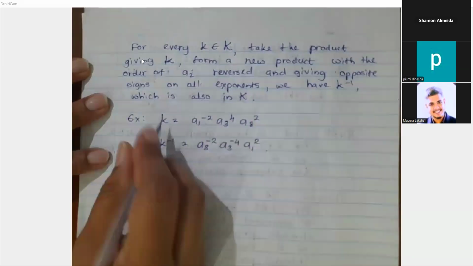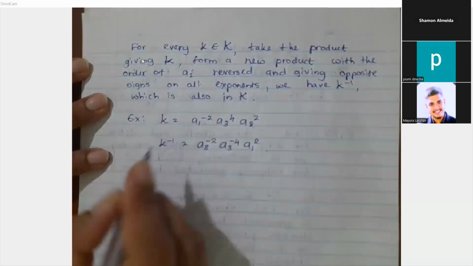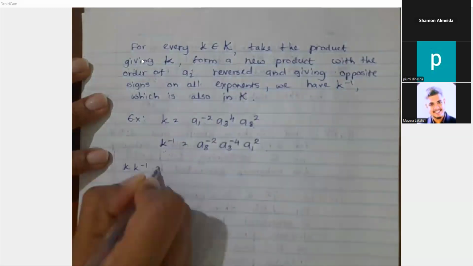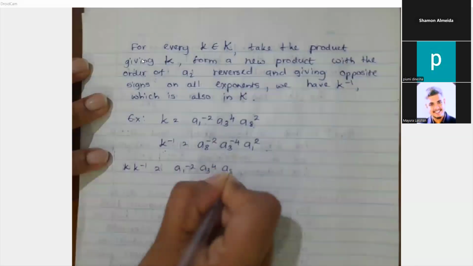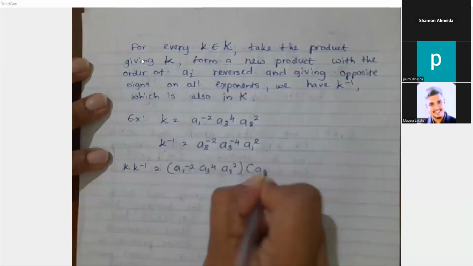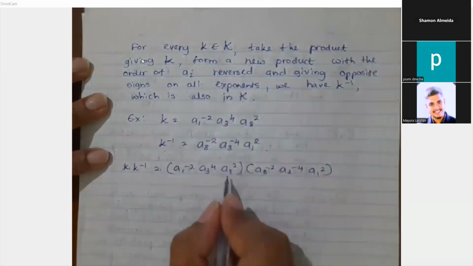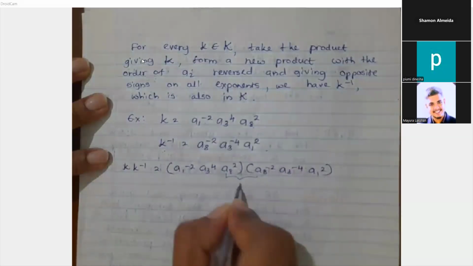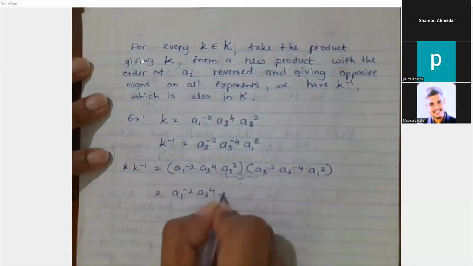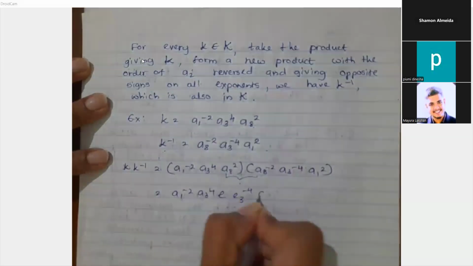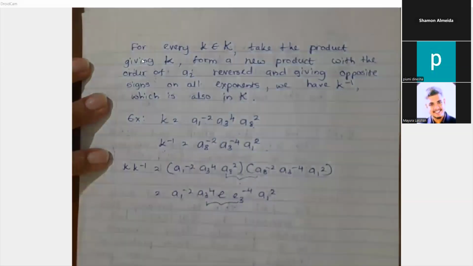It's easy to see that this is the inverse of k, and k is the inverse of k inverse. Taking k inverse, we have a_1^-2, a_3^4, a_1 squared. These two will give you the identity, right? Then we have a_1^-2, a_3^4, the identity, a_3^-4, a_1 squared. Once again, identity times this element gives you the element itself.